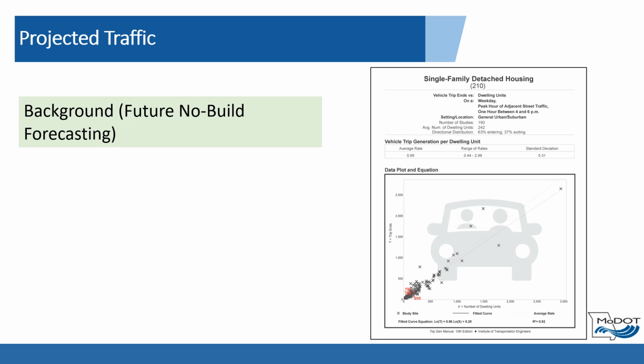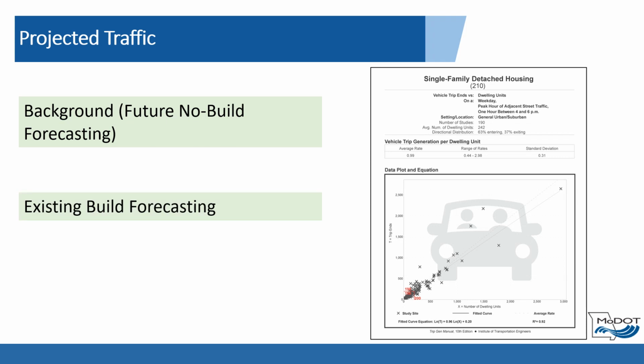In some cases, background forecasting may be requested for multiple horizon years. This section should include a description of how these traffic projections were generated and cite any traffic forecast used as references.